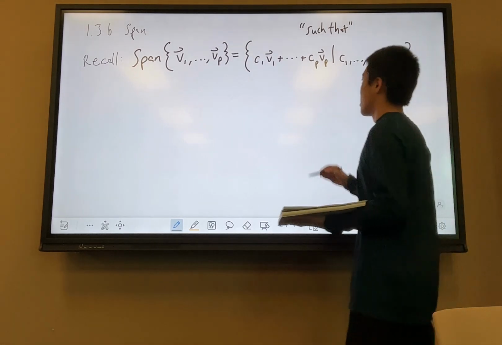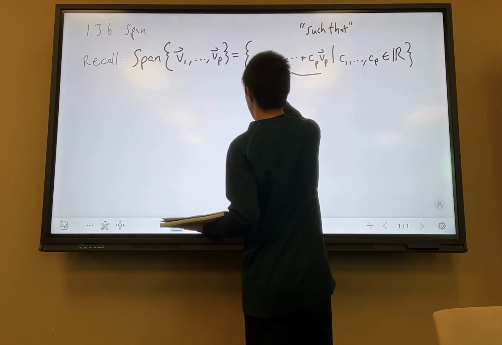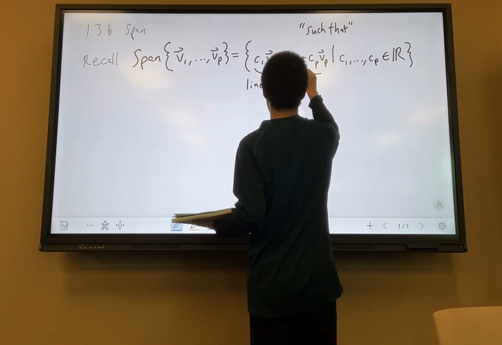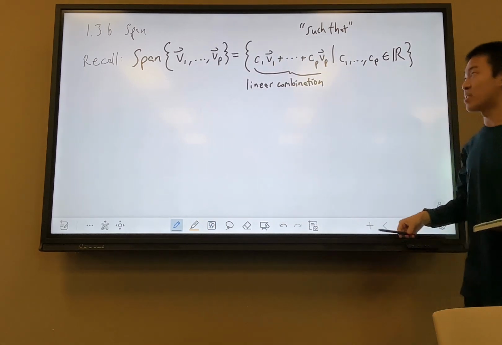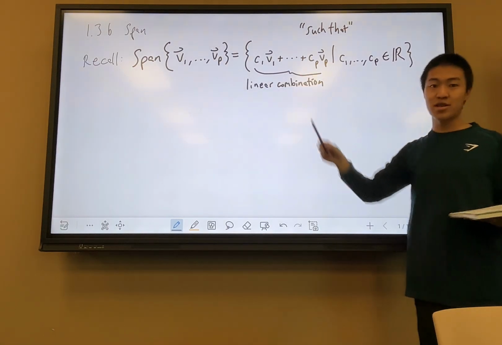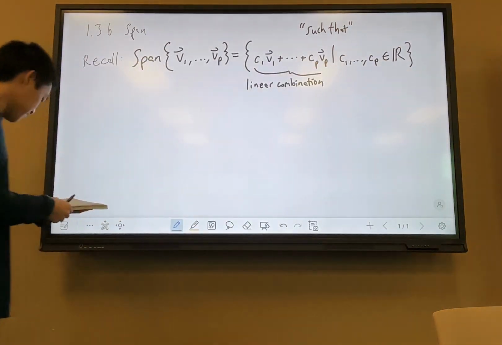Okay, this is what we call a linear combination. And so what we can really see is that a span is just the set of all possible linear combinations for that set of vectors. Okay, so that's our definition.